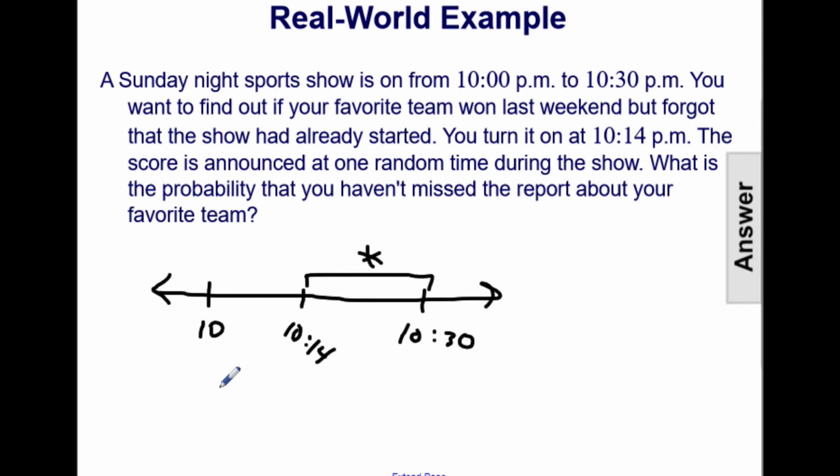So we have a total length from 10 to 10:30 of 30 minutes, and from 10:14 to 10:30 is going to be 16 minutes. That gives us a probability of 16 over the total of 30 minutes, which we can reduce to 8 over 15.